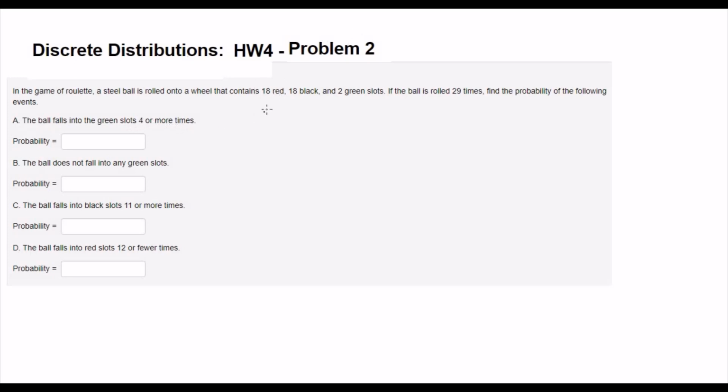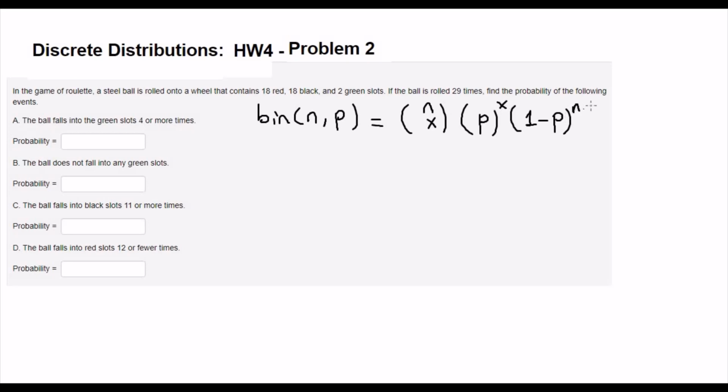So this is the binomial distribution, binomial with n, p parameters. So n is the number of trials, p is the probability of each success, and the probability is n choose x times the success p to the x, times failure 1 minus p to the n minus x.